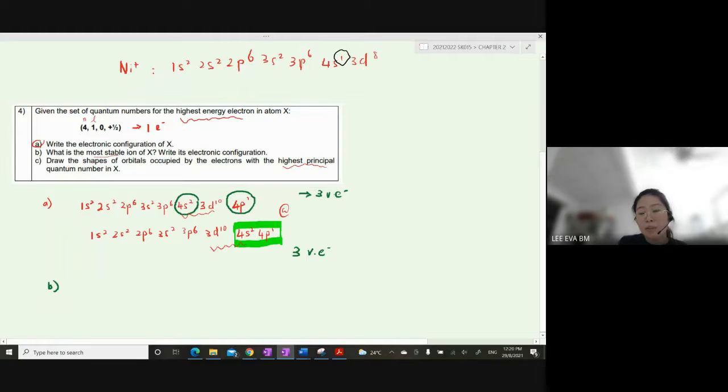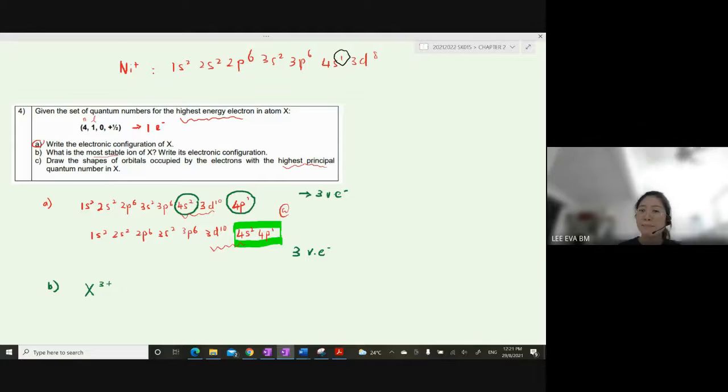Okay, elektron yang kedua daripada 4s, elektron yang ketiga daripada 4s, nanti awak akan dapat most stable electronic configuration. Okay, after we remove all these three valence electron to achieve the noble gas configuration, then that is the most stable one.